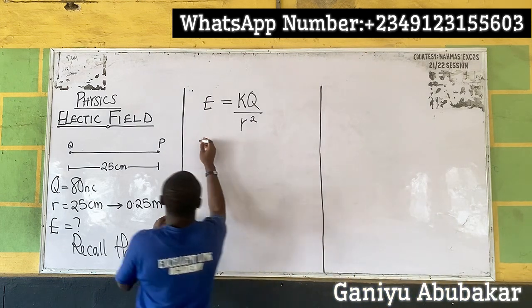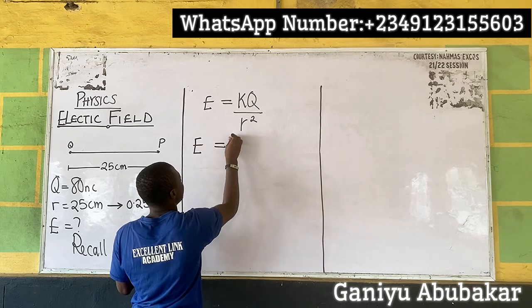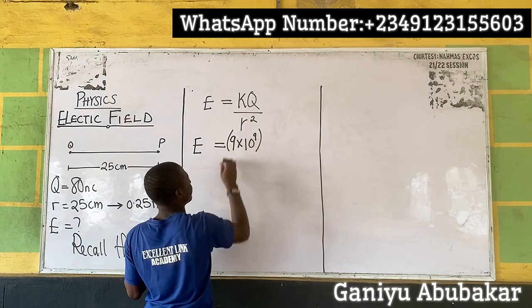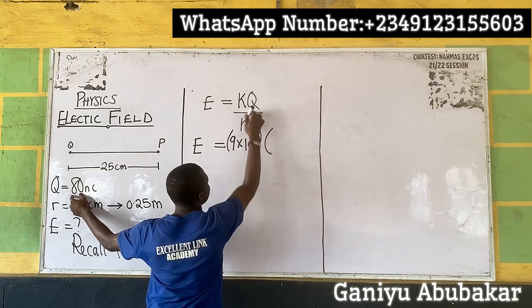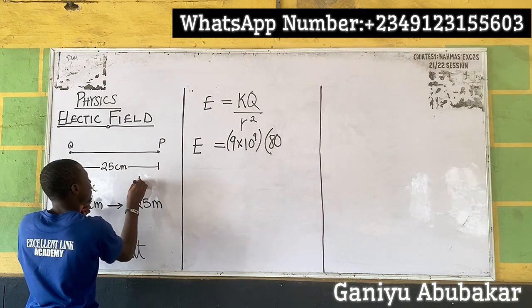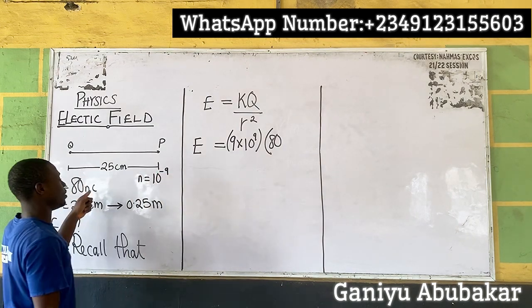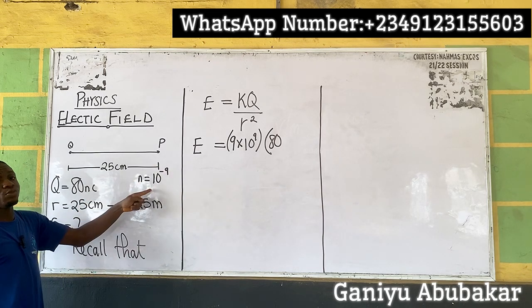So capital E, that's electric intensity, is equal to K, which is 9 times 10 to the power 9, into Q. What's Q? Q is 80 nano, please. N means nano, and the value of nano is 10 to the power minus 9.